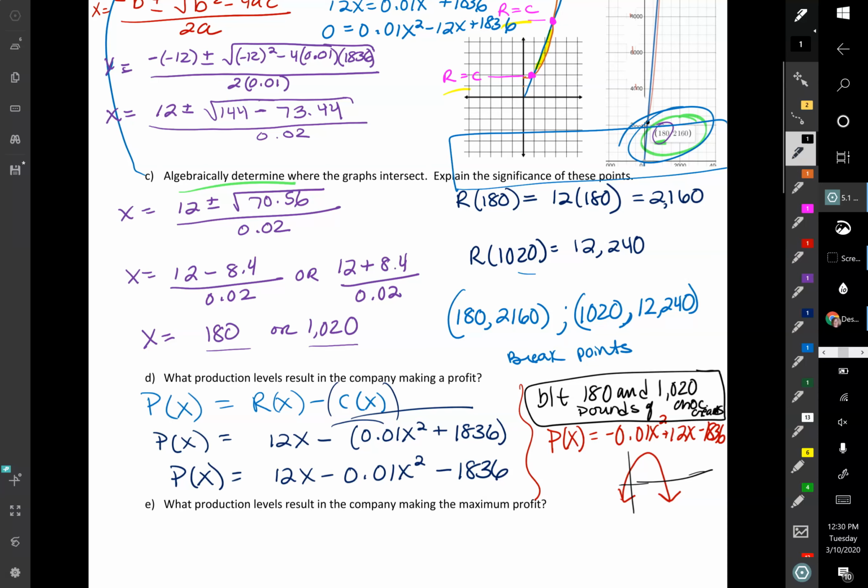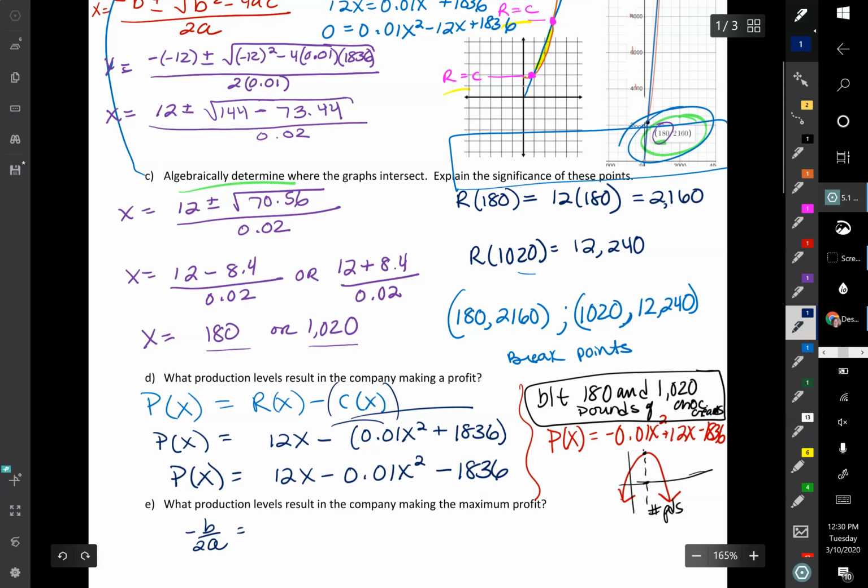Well, what value is going to actually give the maximum profit? A lot of times it's worded as maximizing, okay? So we want to know where that vertex is, our line of symmetry. Which x, the number of pounds, is going to give us the highest profit. So we would want to use our minus b over 2a and figure that out.